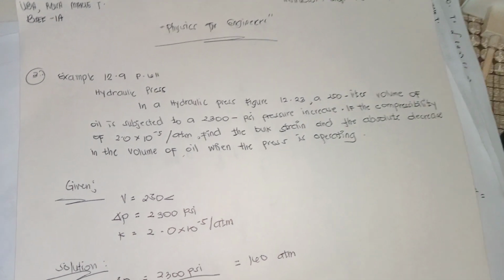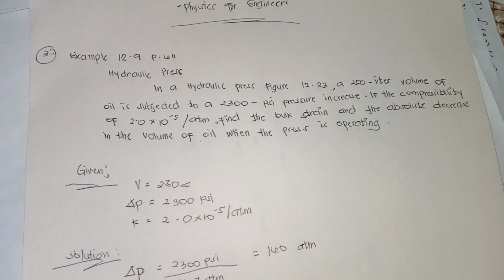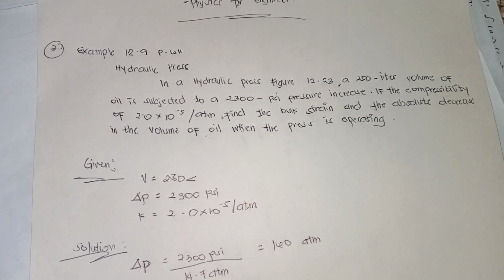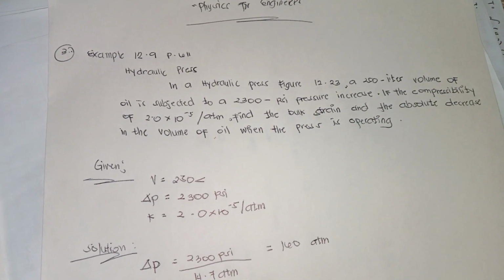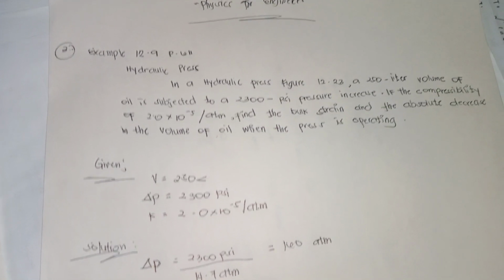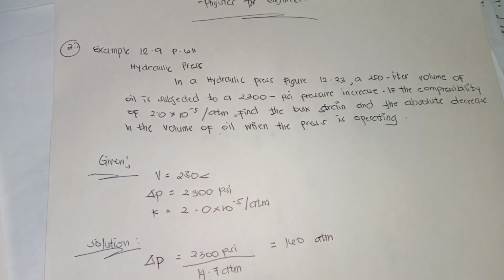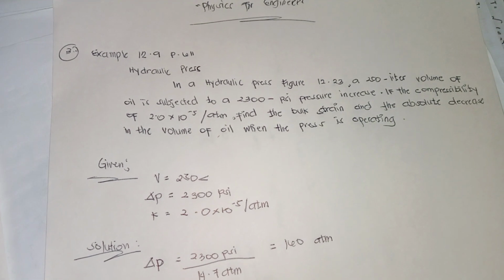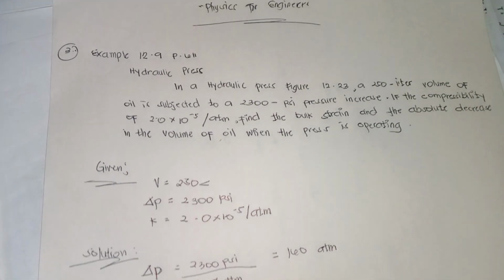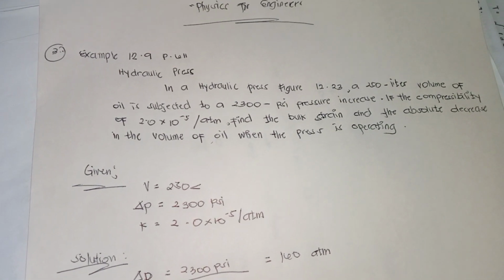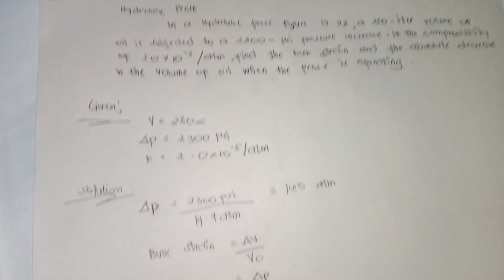In the hydraulic press, figure 12.23, a 250-liter volume of oil is subjected to a 2,300 psi pressure increase, with a compressibility of 2.0 times 10 to the power of negative 5 per atmosphere. Find the bulk strain and the absolute decrease in the volume of oil when the press is operating.